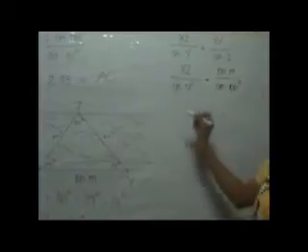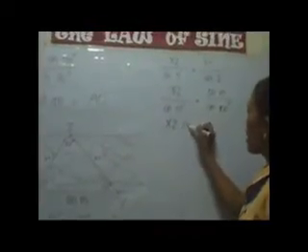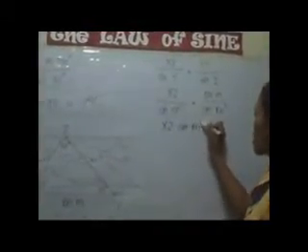So by cross multiplication, we have XZ sine 100 degrees is equal to 120 meters sine 51 degrees.